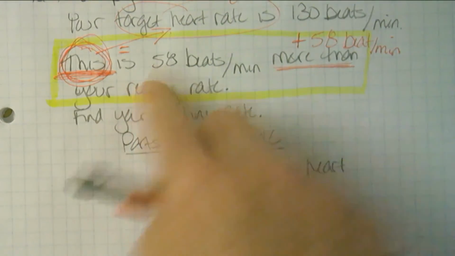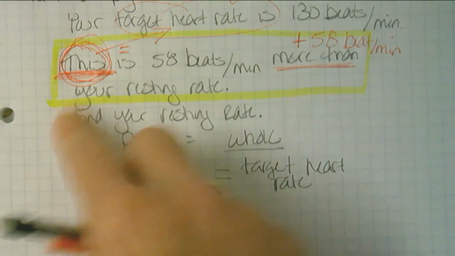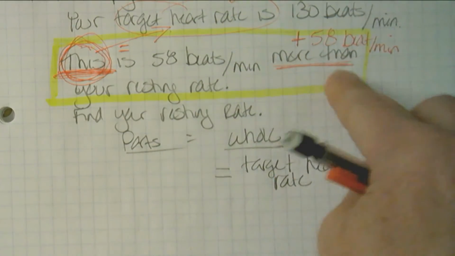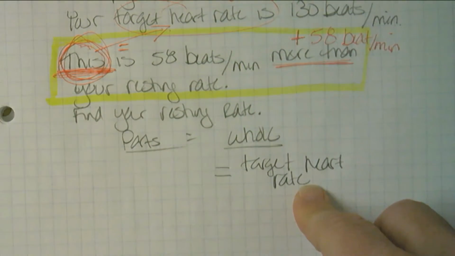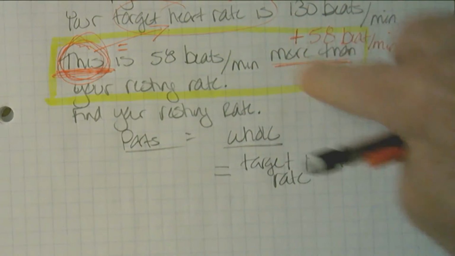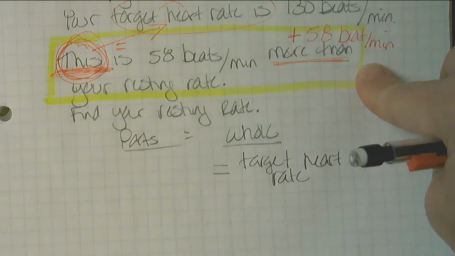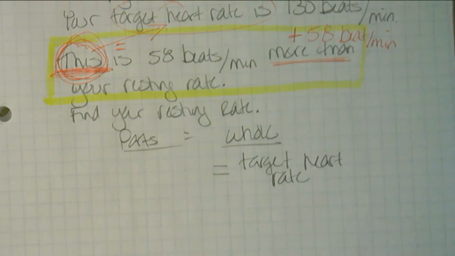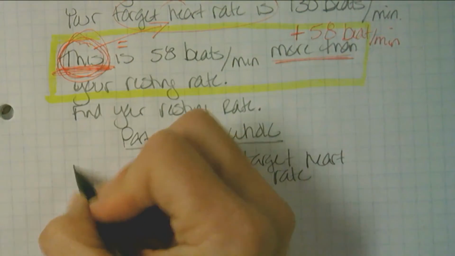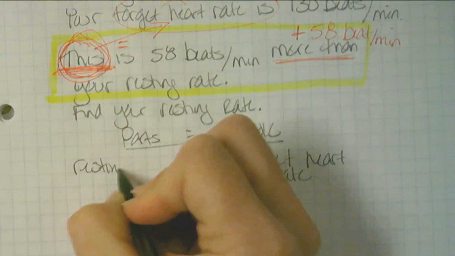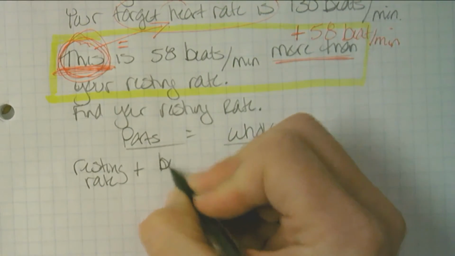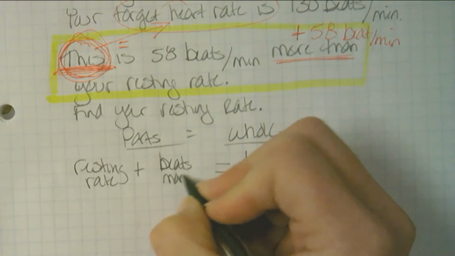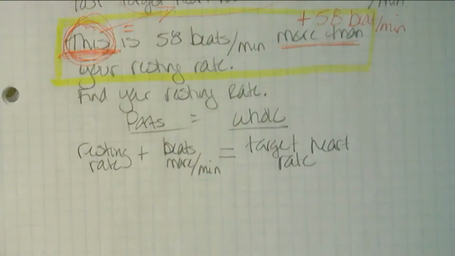Target heart rate is 58 beats per minute more than my resting rate. My target heart rate is my whole. What am I adding these extra beats per minute to? Lawrence? Excellent. So my parts are my resting rate plus the beats more per minute. There's my game plan.